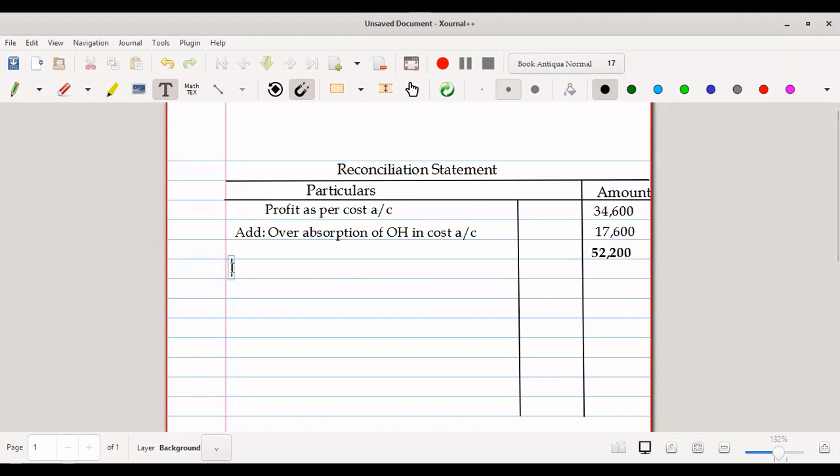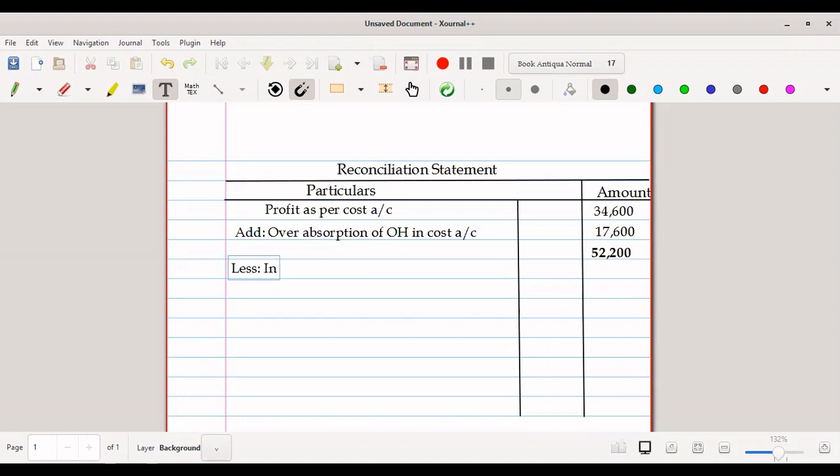As I showed in the hint, what are the items to be deducted? Let's see, the first item is interest debited in financial account. All expenses, all charges, all losses are to be deducted in this format when you take profit as per cost account.